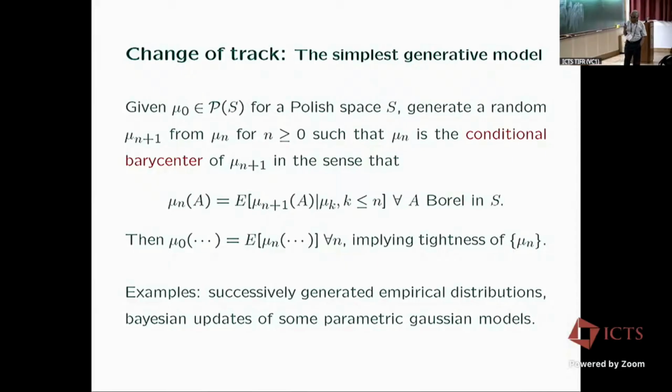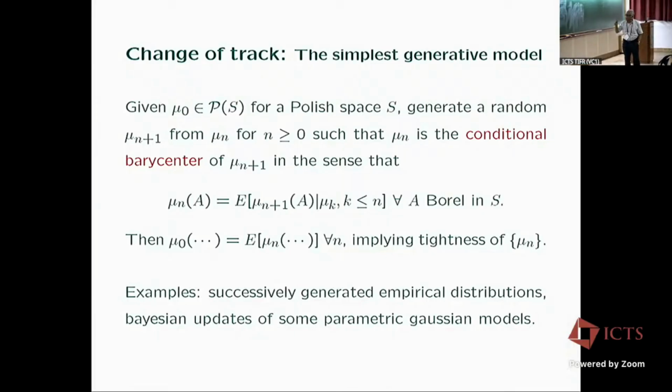Given a random probability measure mu n at time n, I generate mu n plus 1 with this property, that mu n is a conditional barycenter of mu n plus 1 in the following sense: for any A, the expected value of mu n plus 1 of A given the past is mu n of A. In particular, it implies the tightness, or relative compactness, of this sequence.